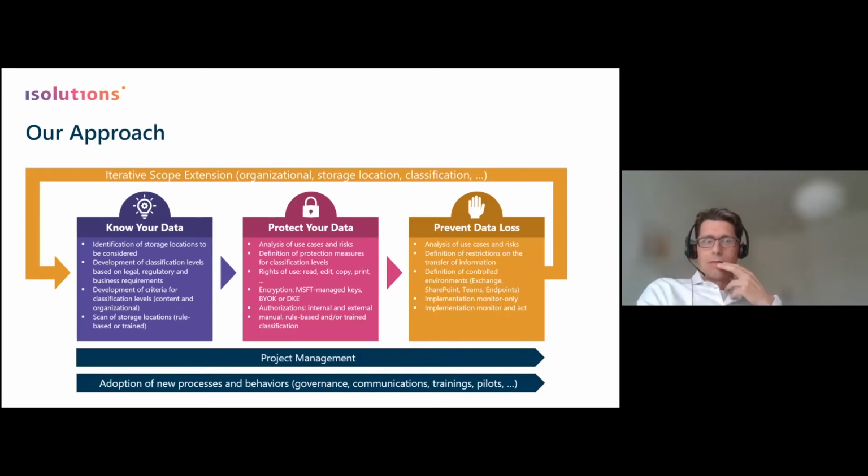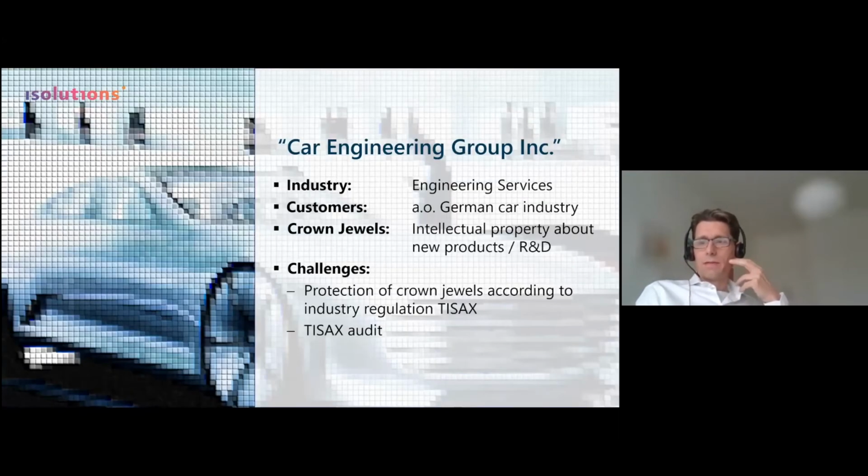And I want to go now to a specific example. But first, let me explain that we see demand for information protection from different domains. First, there is generic data protection, protection of personal information according to data protection laws.